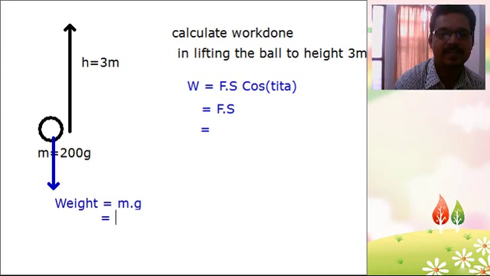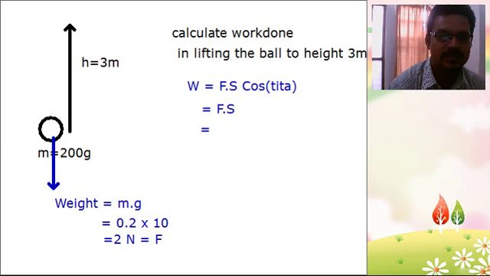Please convert it to SI units: 200 by 1000, which gives 0.2 kg, into g value 10 meters per second square. So the weight becomes 2 newtons, and this is nothing but the force, because however much weight is acting downward, a similar amount of force you need to apply in the upward direction to lift the body up. So the weight of the body is equal to the force used to lift it up. So weight is nothing but force here.